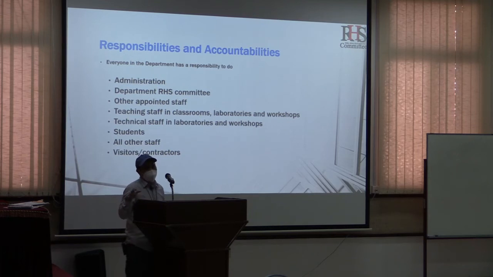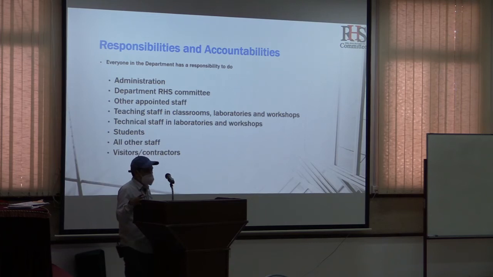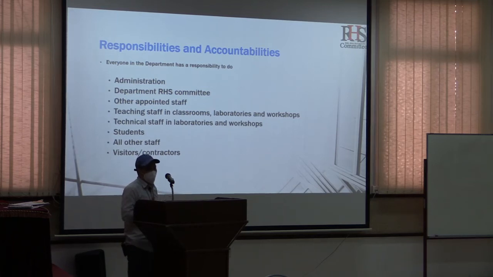Since we are talking about RHS, we are talking about the different coordinators of the different departments for RHS, the campus or the university committee, and of course, other appointed staff. In this case, we have the different responders, for example, for risk, health, and safety, and the other subgroups for the committee.